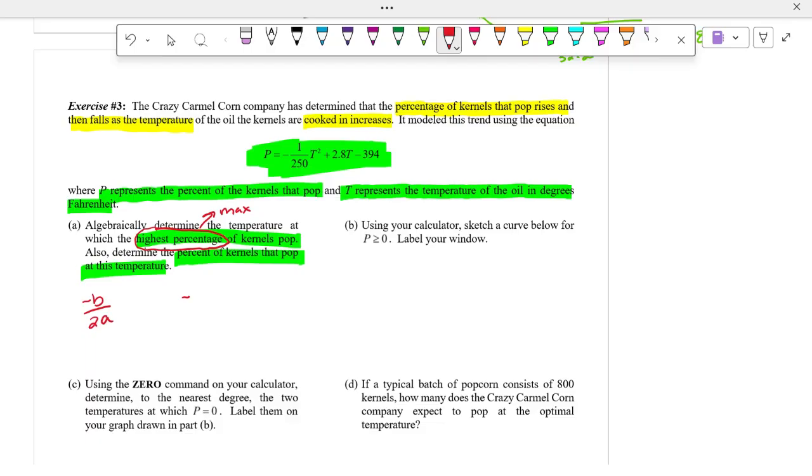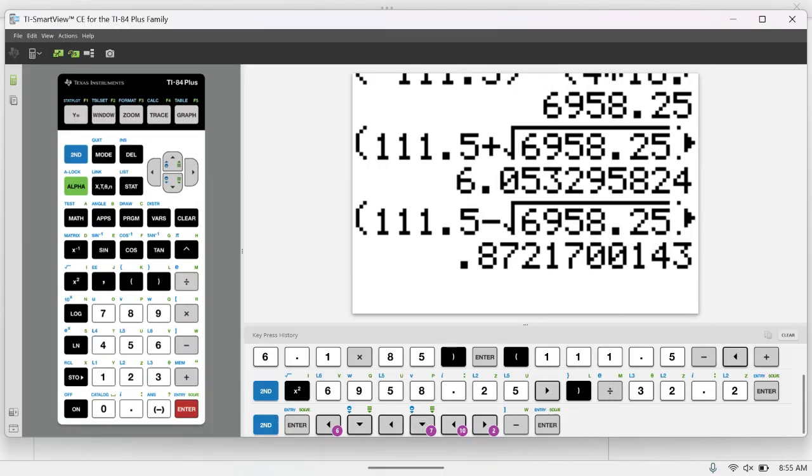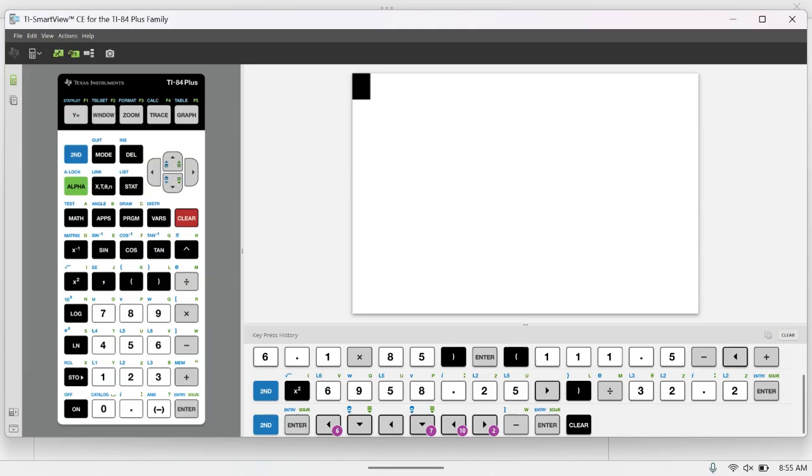So I would do negative 2.8 all over 2 times negative 1 over 250. And guys, this you can just put in your calculator, but be careful. In my calculator, I'm going to clear out all this mess.